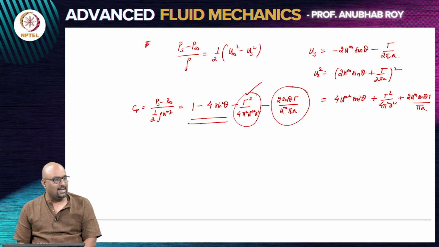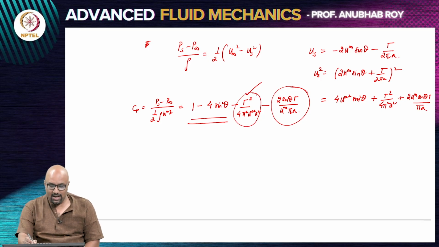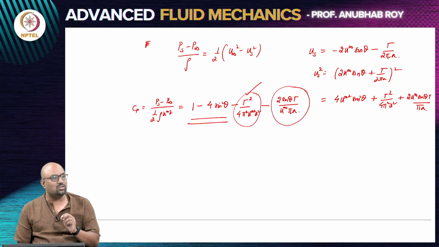Sin theta doesn't have top-bottom symmetry, because sin theta will become negative between pi and 2 pi. From 0 to pi, sin theta will be positive, and from pi to 2 pi, sin theta will be negative. So this term is the one that is responsible for breaking symmetry, and this is a point which you need to see here very clearly.